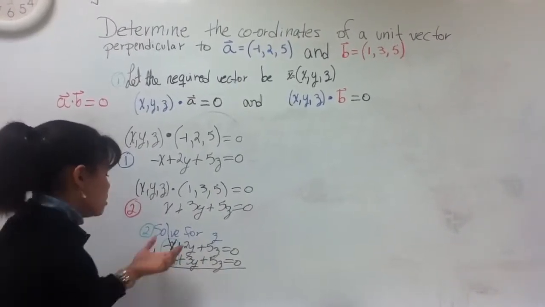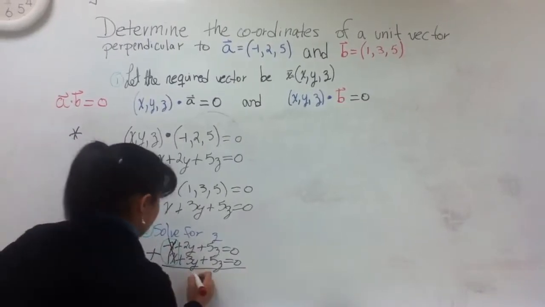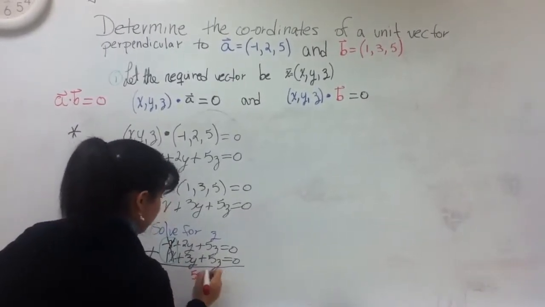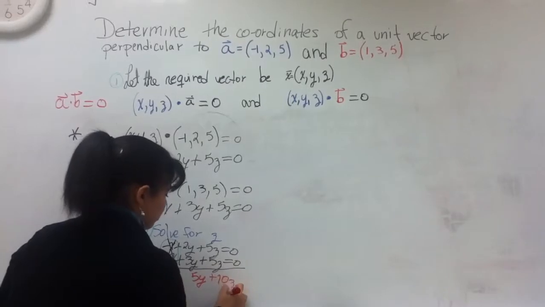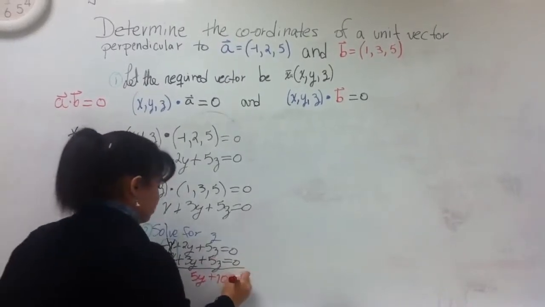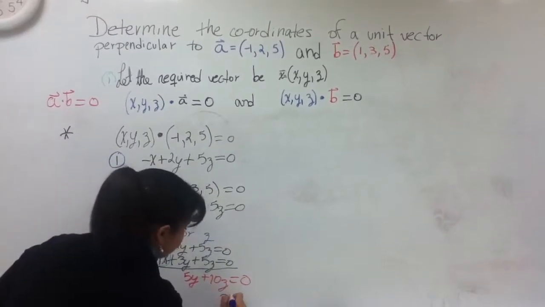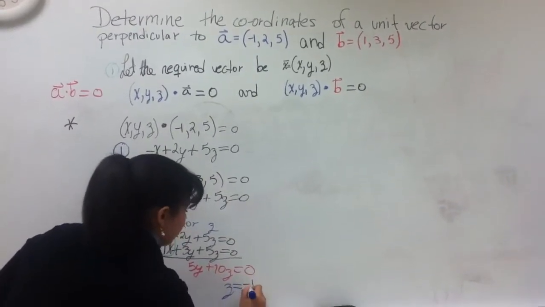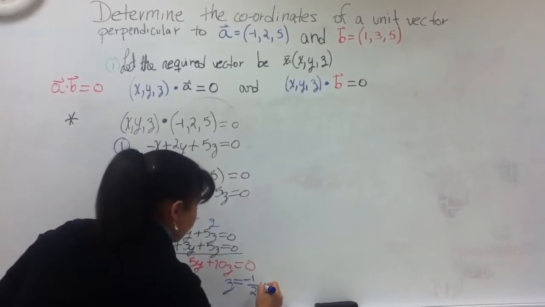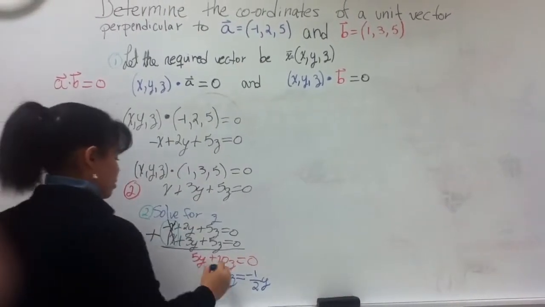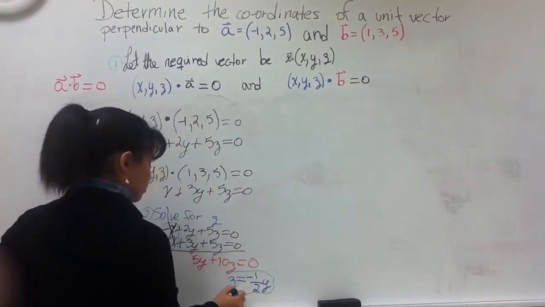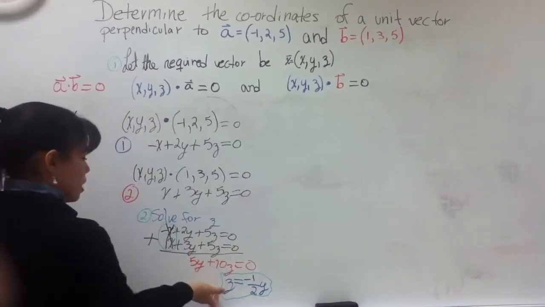And when we add these, we get 5y plus 10z is equal to 0. Which then means that our z is equal to -1/2 y. Okay, so we have our z value.